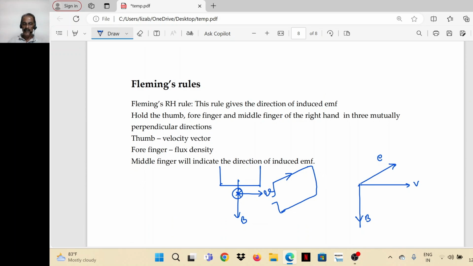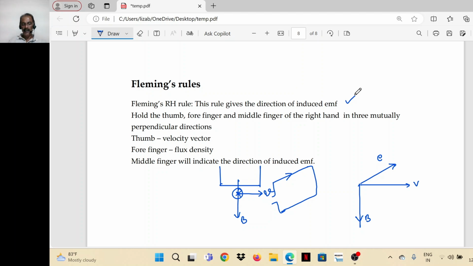In this case, the direction of the induced EMF can be found out by Fleming's rules. Fleming's right-hand rule is meant to find out the direction of induced EMF in a generator. The rule is like this: hold the forefinger and middle finger of the right hand in three mutually perpendicular directions.